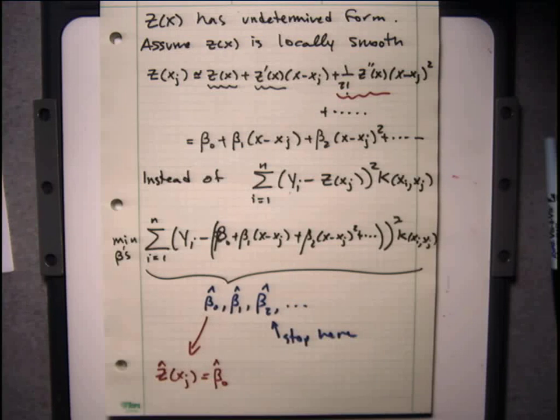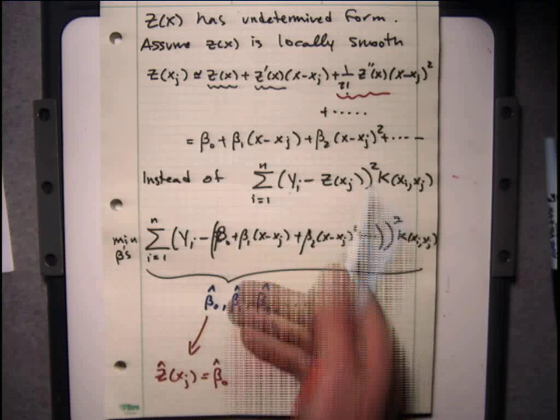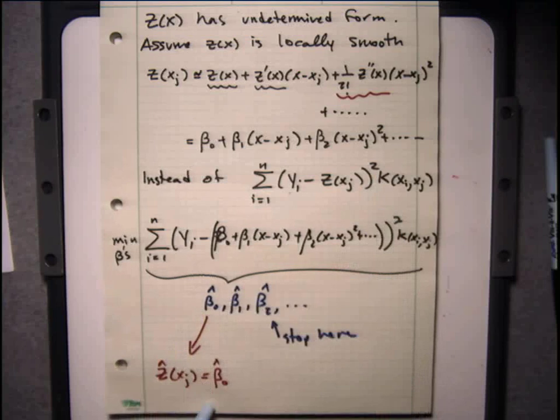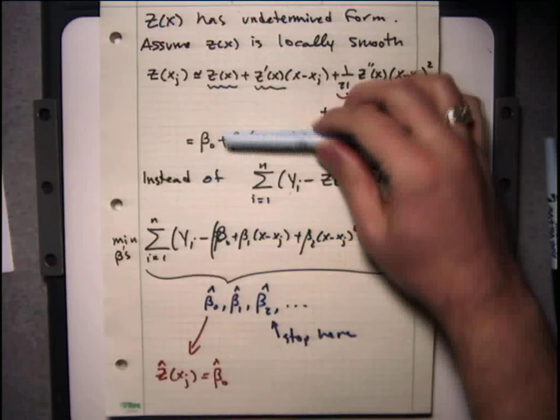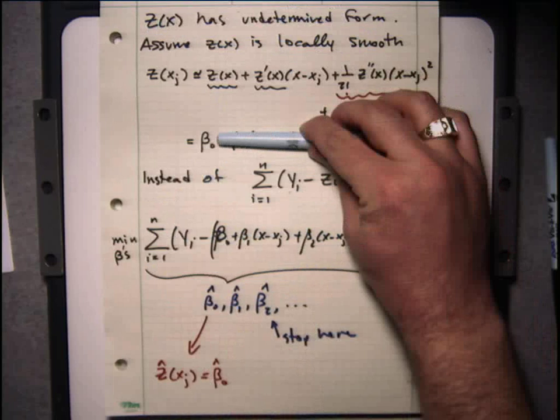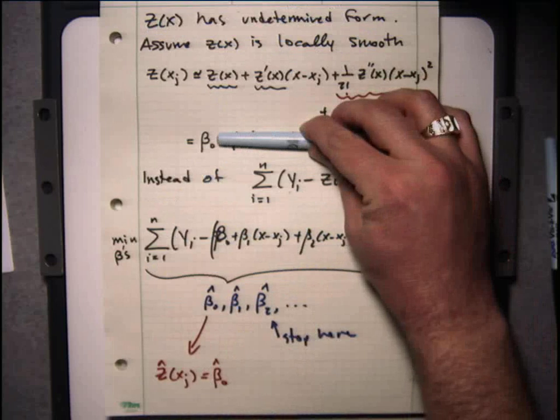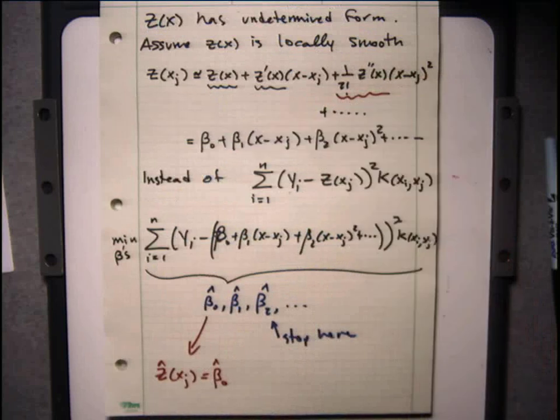Okay. It's very important to realize that the beta 0 that you get by doing this, which is you estimate all the betas and you throw the other ones away, this beta 0 hat is very different than the estimate that you would have gotten if you simply used only one of the terms. Okay? And the reason why it's different is because in one case, you're assuming that the signal is a constant.